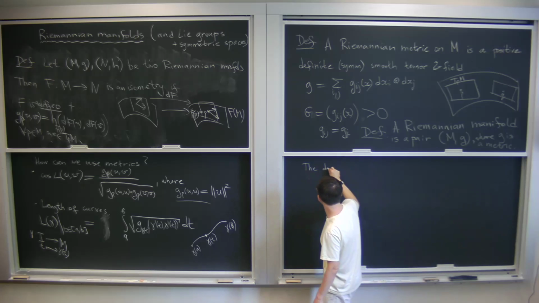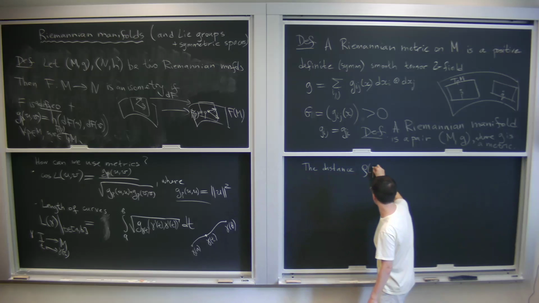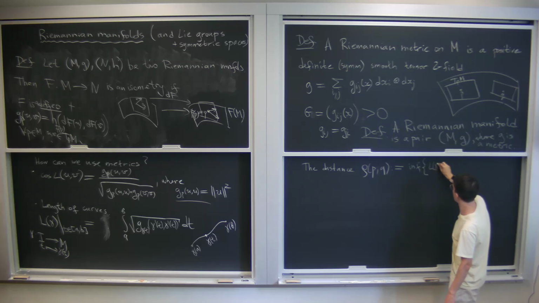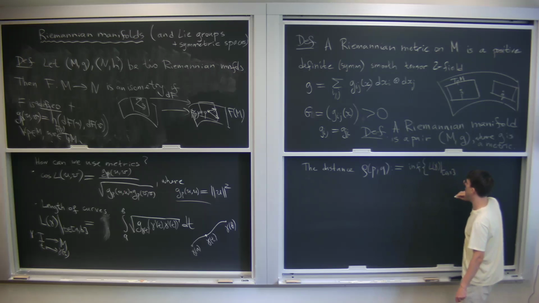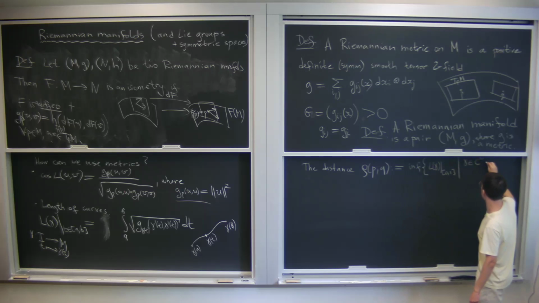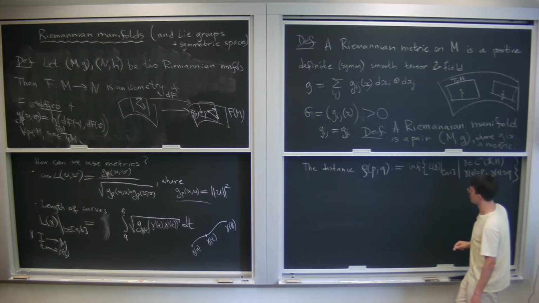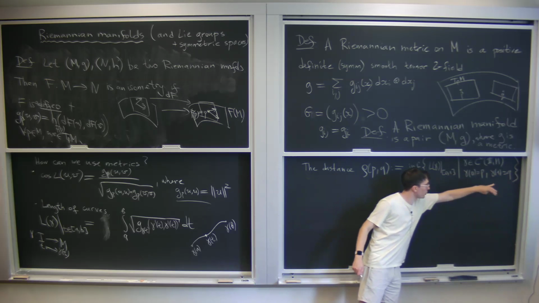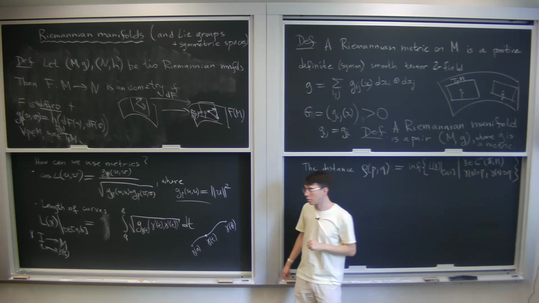So the distance rho between points P and Q, by definition, is the infimum of L of gamma on [0, 1], such that gamma is a smooth map from some interval I to M, with gamma of 0 equal to P and gamma of 1 equal to Q. So I'm taking the infimum of the length of curves connecting points P and Q, over all such smooth curves.